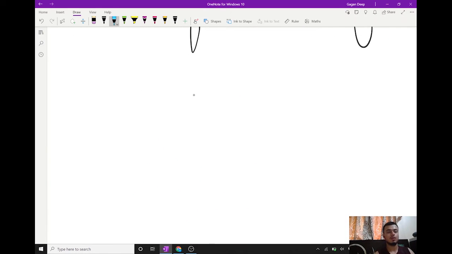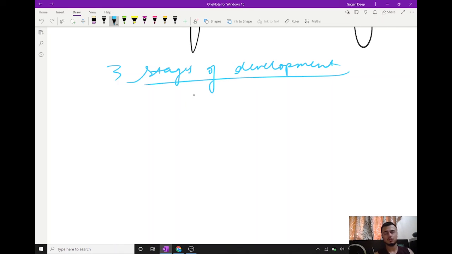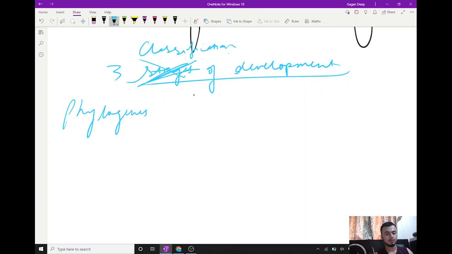Let us now talk about the stages of development. Oh, I'm sorry, stages would be the wrong word. I've already talked about the stages of development of the bone. Now, the classification of development, the main ones. Phylogenesis is quite simple.